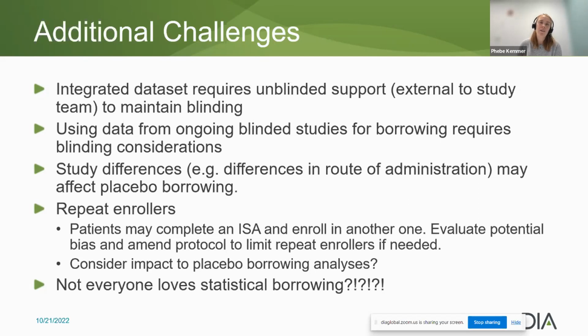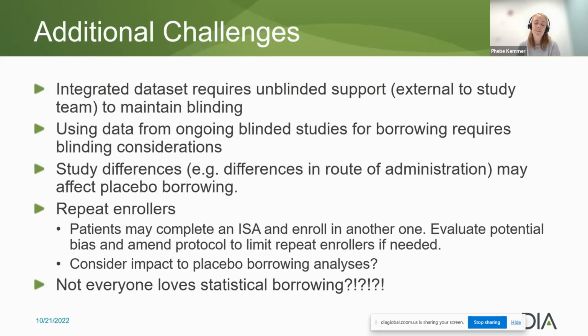And we need to think about, is that introducing any potential bias? And there's also concerns about maintaining, or you want to avoid, an overly homogeneous patient population. So we are considering limiting the repeat enrollers in the future. And then you also have to think about how repeat enrollers could impact your ability to placebo borrow.